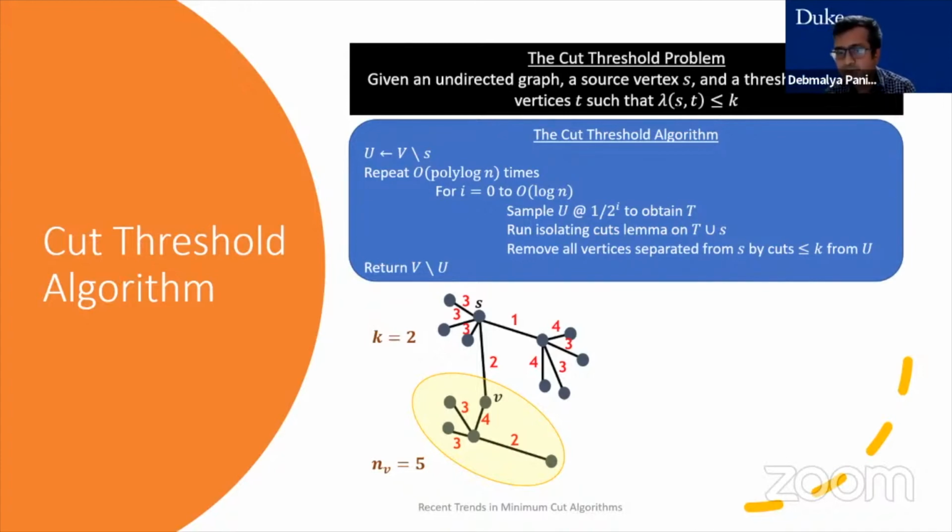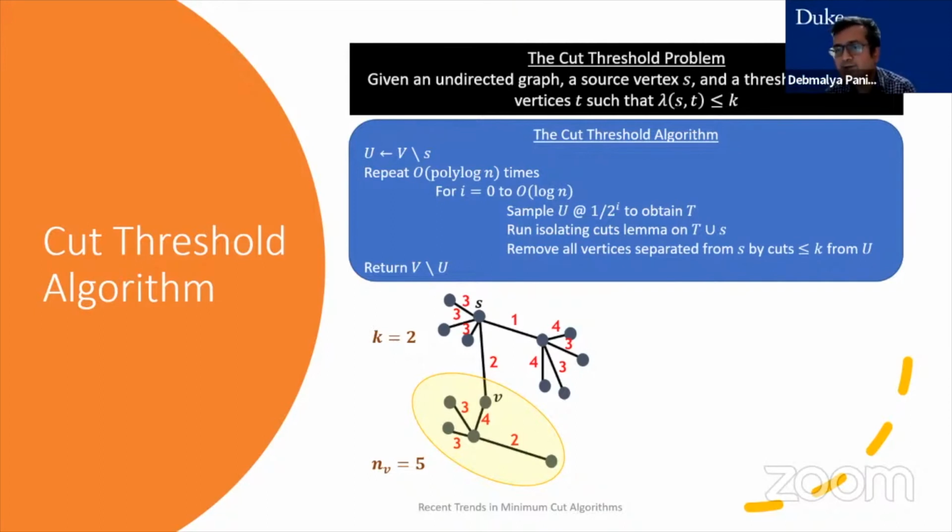In the inner loop, we are doing iterations with i from 0 to log n. So again, what am I trying to do? I'm trying to guess the value of n sub v, right? And my guessed value is 2 to the i, in the iteration where I have set i to a particular value. Within that iteration, I sample U, all these vertices that I still don't know whether they are less than k or bigger than k.